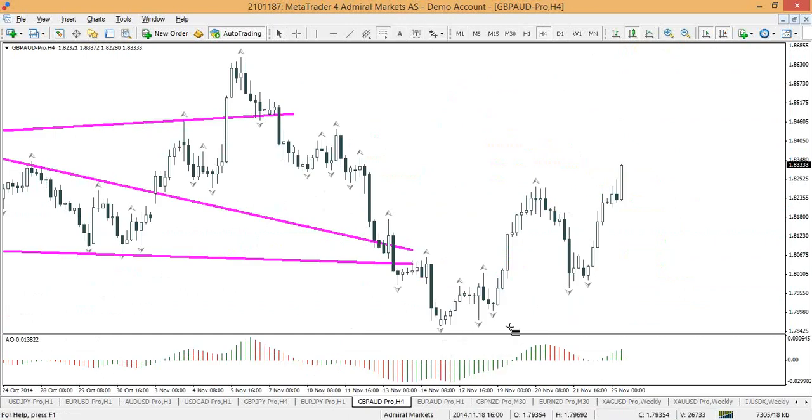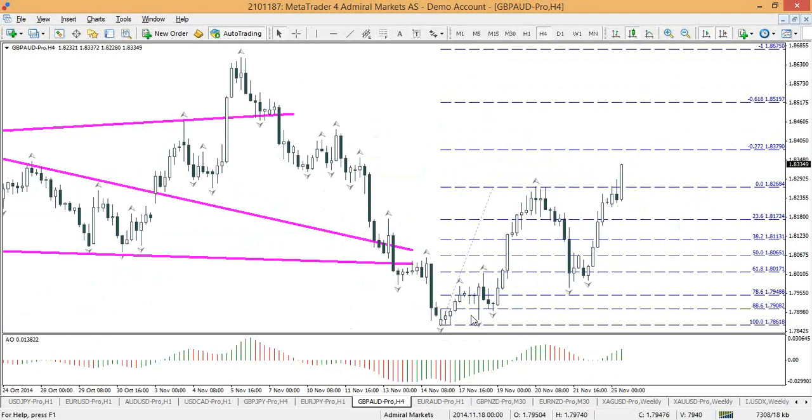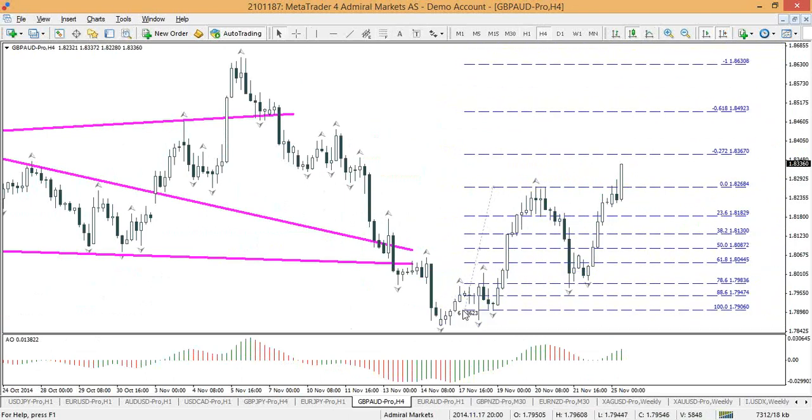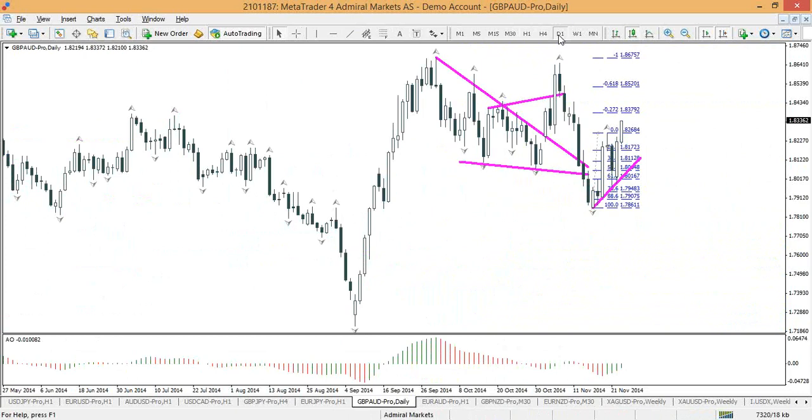Let's see, we could put a fib from here to here too. A bit of an awkward environment on the euro odd and pound odd.